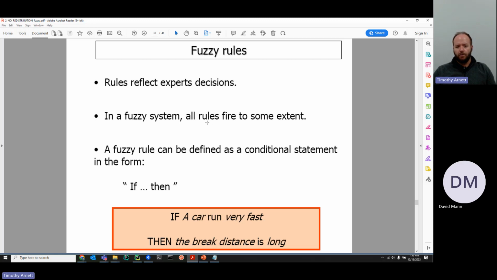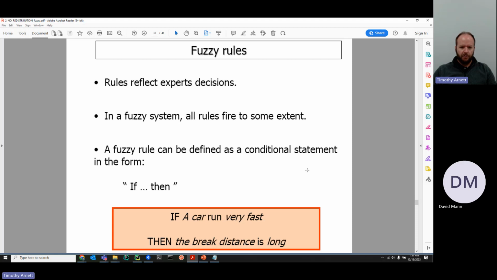In a fuzzy system, all rules fire to some extent. I actually disagree with this statement in some ways, and what I mean by that is it may not be the case that a fuzzy system that's being evaluated will always reach all rules being fired. That's just not always the case, but certainly they need to be defined.